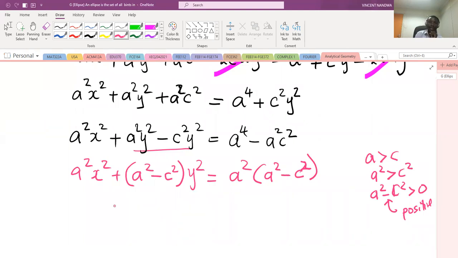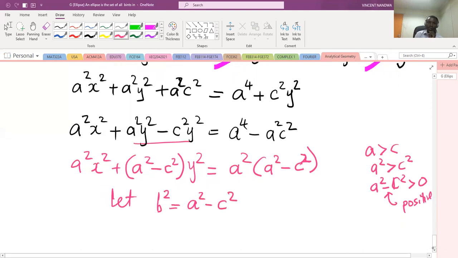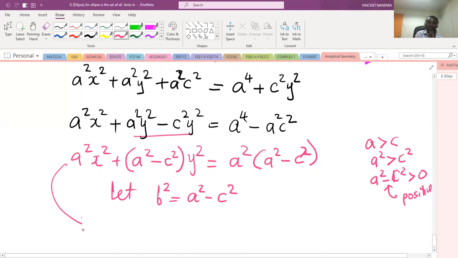So we say let b squared be given by a squared minus c squared. So that means this equation will be a squared x squared plus b squared y squared equals a squared b squared.